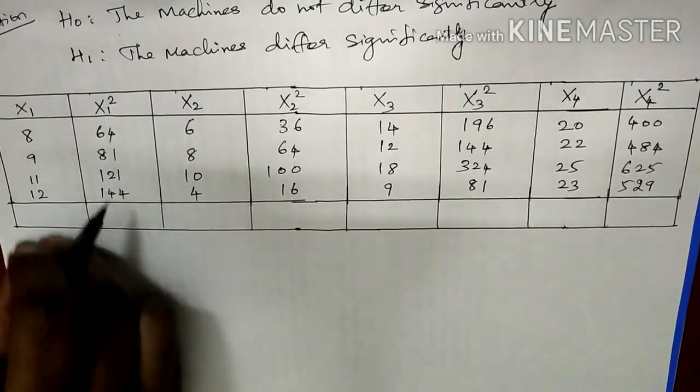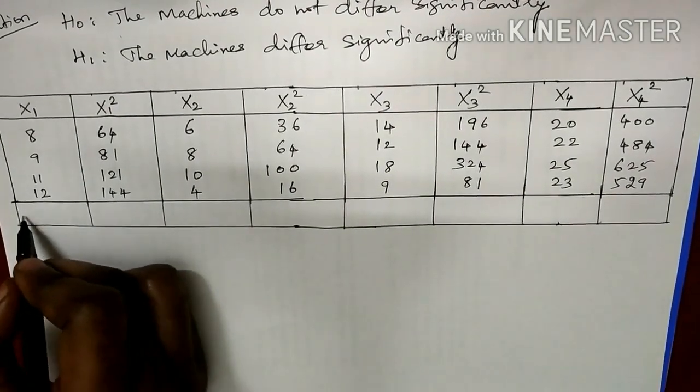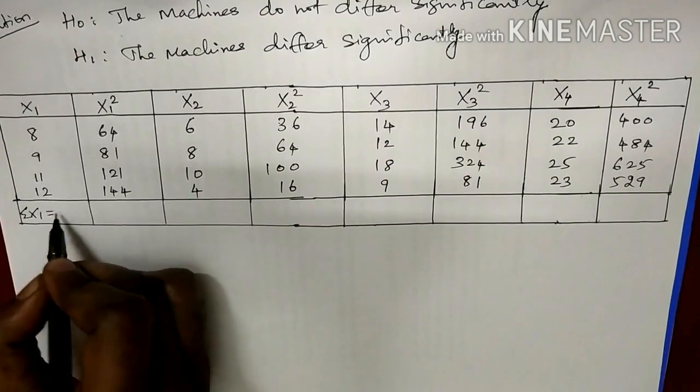Now just find the summation. Add all the values. So summation of x1 is 40.